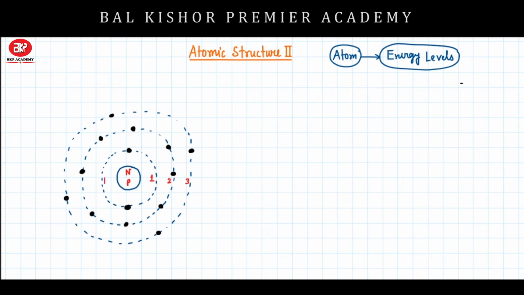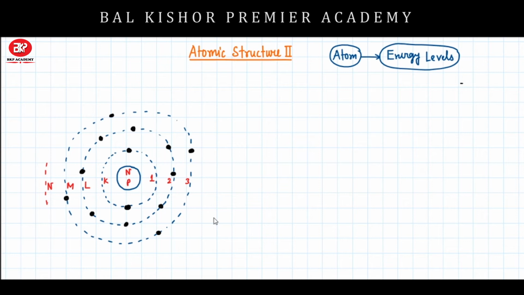Another way of denoting them is the K energy level, the L energy level, the M energy level, and the N energy level. In this case, we can see the electrons are revolving in different energy levels.